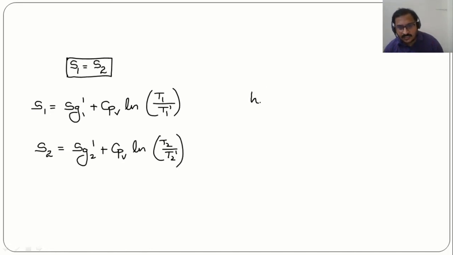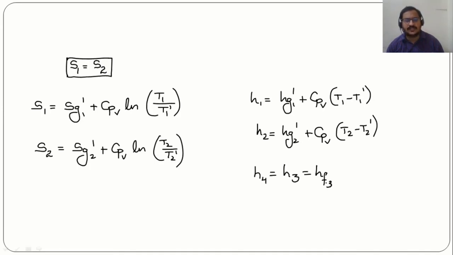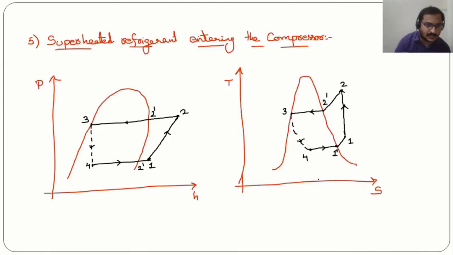Then H1 is equal to Hg1' plus Cpv into T1 minus T1', and H2 is equal to Hg2' plus Cpv into T2 minus T2', and H4 is equal to H3, which is equal to HF3. This we need to consider.